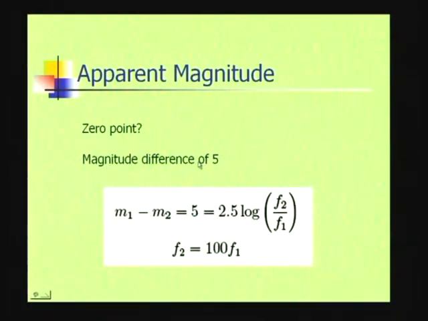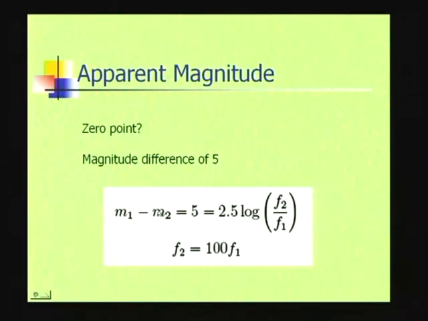Consider two sources whose magnitudes differ by 5. So M1 is M2 plus 5. The difference between M1 and M2 is 5. So M1 is fainter, M2 is brighter, because the fainter it is, the larger the value of M. M1 has flux F1, M2 has flux F2.